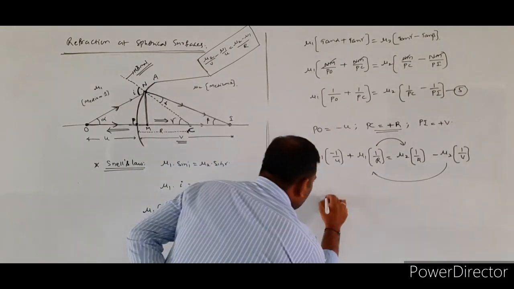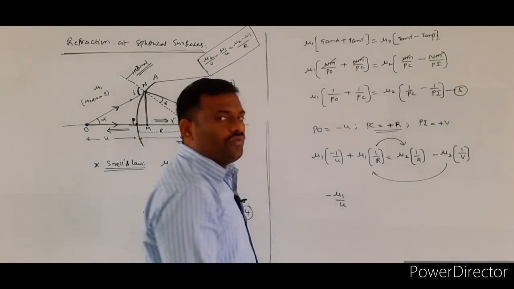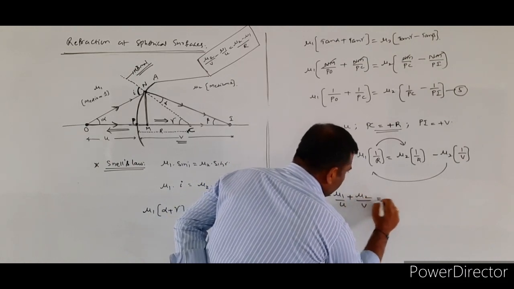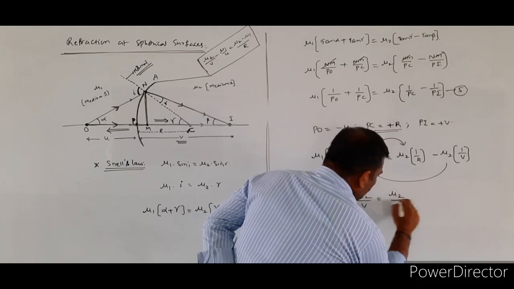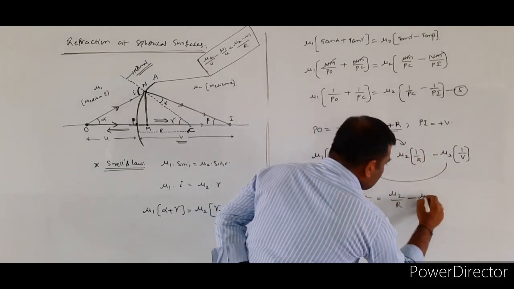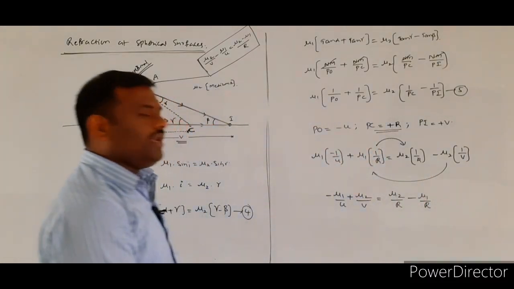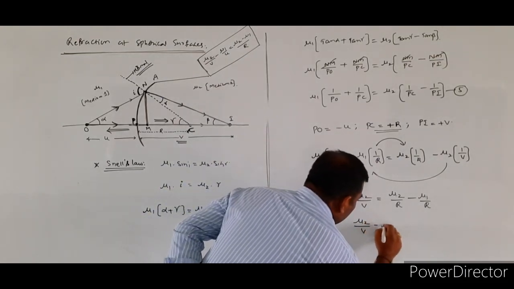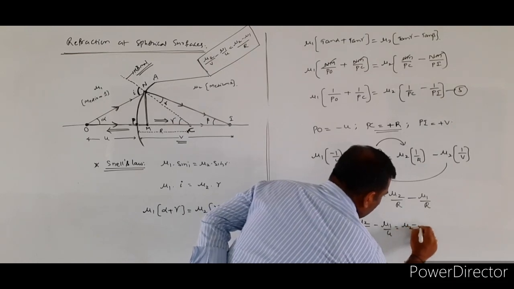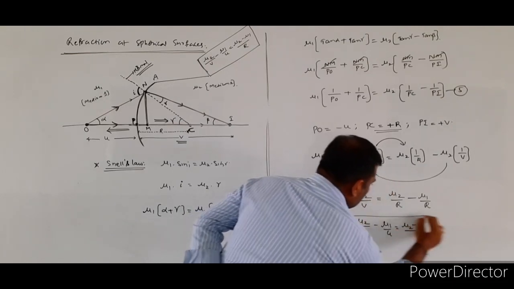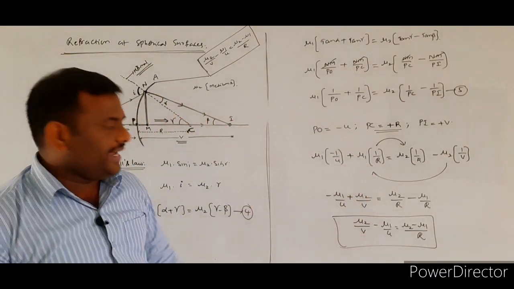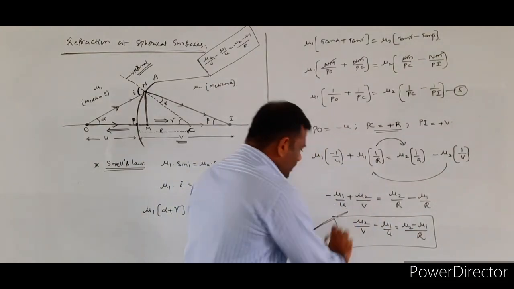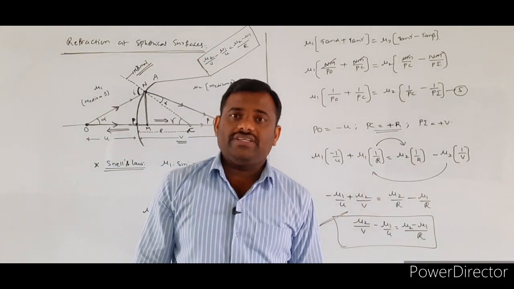Here minus mu1 by u, a negative term, when it comes to the left side becomes positive, plus mu2 by v is equal to, here already mu2 by R will be there, and whenever it comes to the left side, the right side value is mu1 by R. If you adjust to the required form, mu2 by v minus mu1 by u is equal to mu2 minus mu1 by R. So this is the required equation for refraction at a spherical surface.